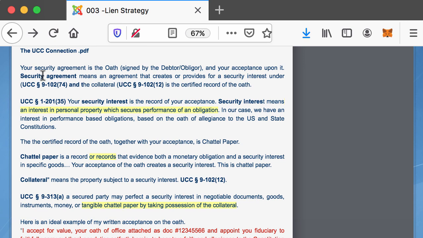That's why the oath is also the consideration, because it's a pledge. You put your acceptance on it, you complete the requisites for a contract. Now you have a security agreement under UCC 9-102, paragraph 74.